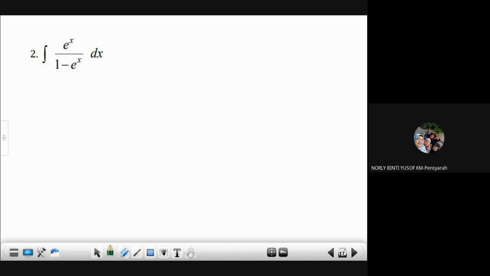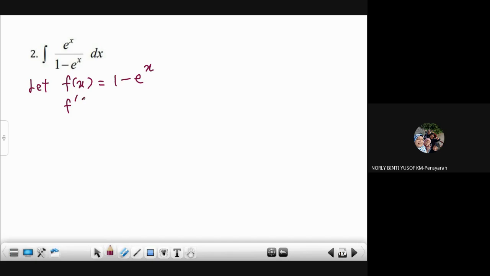Okay, example 2 melibatkan exponential dalam you punya equation, maksudnya you punya atas numerator dengan denominator. You tak akan pakai quotient rule lah sebab bawah tu 2 term kan. So you akan check lah bawah ni fx, atas ni betul tak dia punya f prime. So kita akan check. So kita guna separately, kita tengok fx 1 minus e power of x.